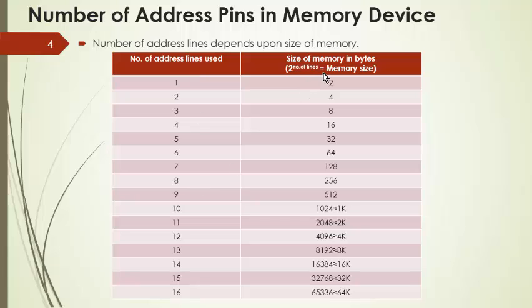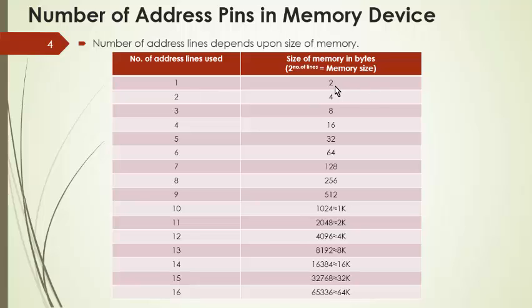So in this table we can see the first column indicates the number of address lines used, and the second column gives the information about the memory size in bytes. If we assume only one address line and put this 1 in this equation, you will get 2 bytes.